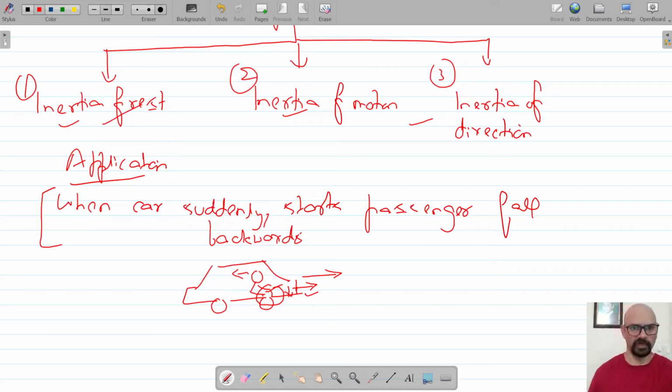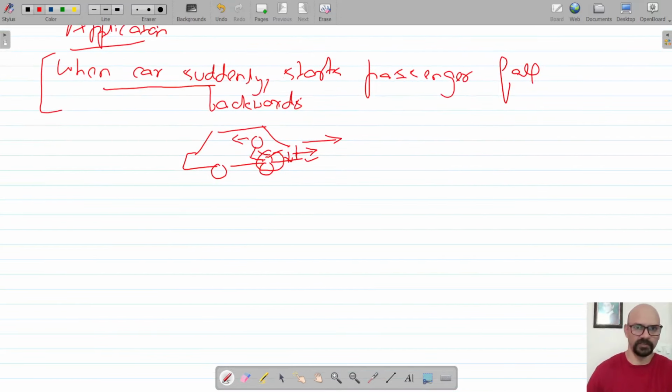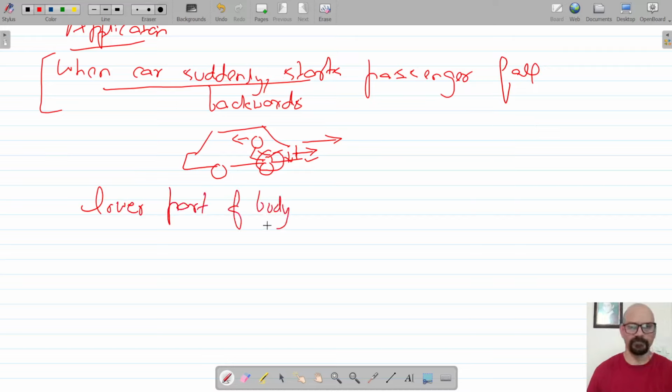So we can say that when the car suddenly starts, the lower part of the body which is in contact with the car comes in motion.